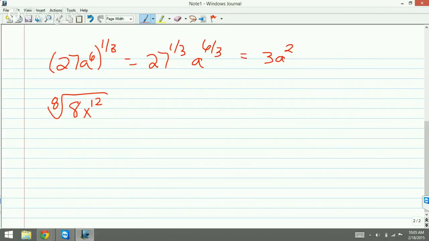Oh, make that a 6. The 6th root of 8x to the 12th.